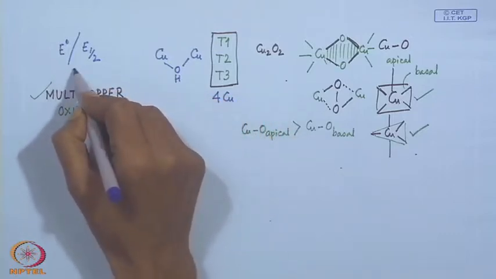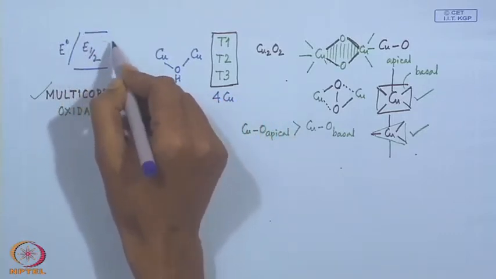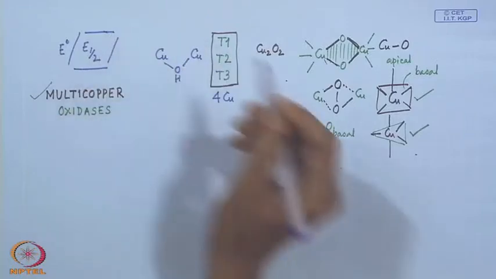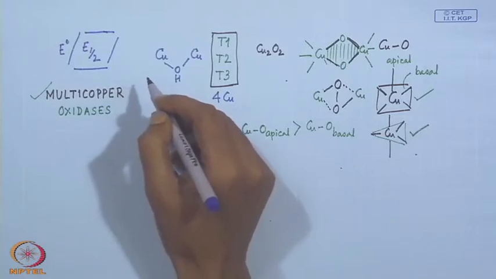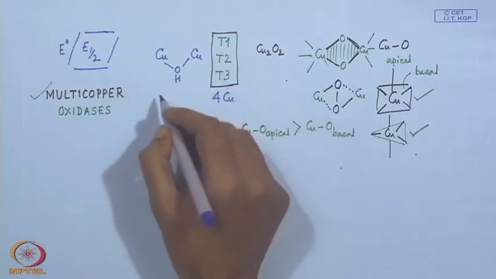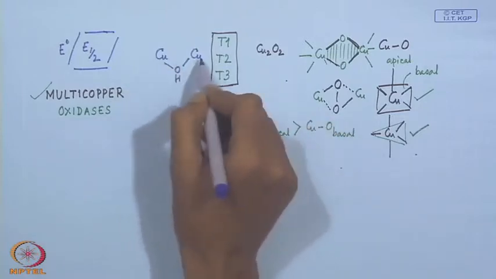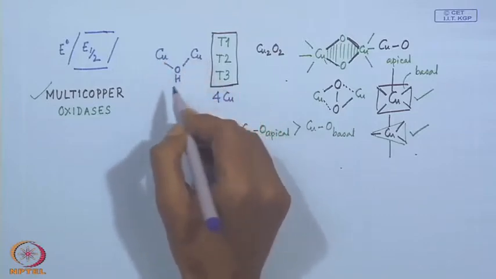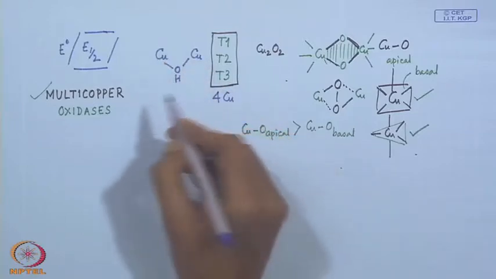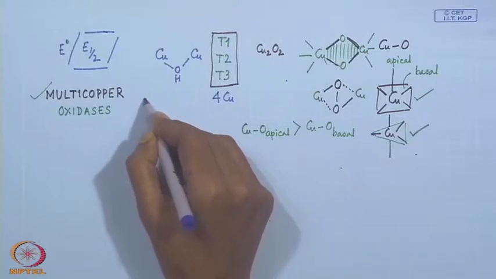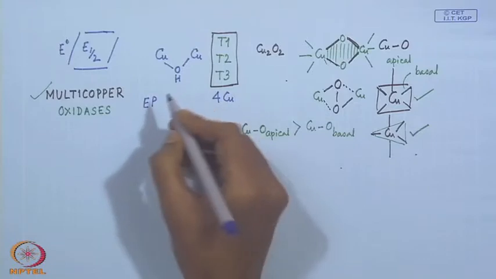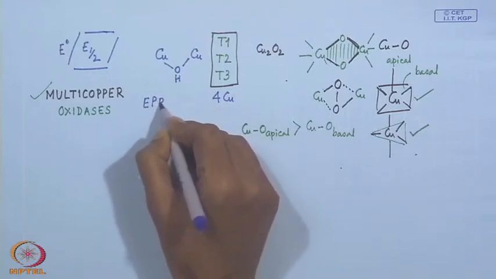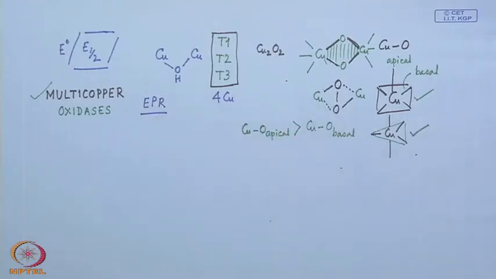So, one of the characterization values for all these centers is the determination of the redox potential. You determine the redox potential first, and then the corresponding distance, that is, how far these 2 copper sites are. If they are bound by a hydroxide group, then due to the unpaired electron, we can again utilize the EPR spectra.